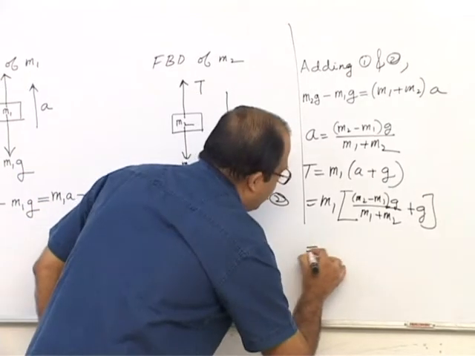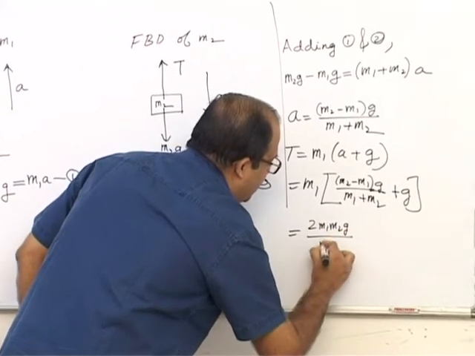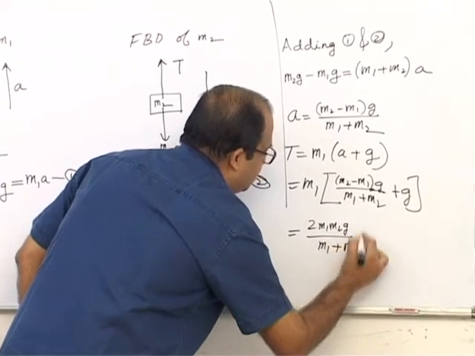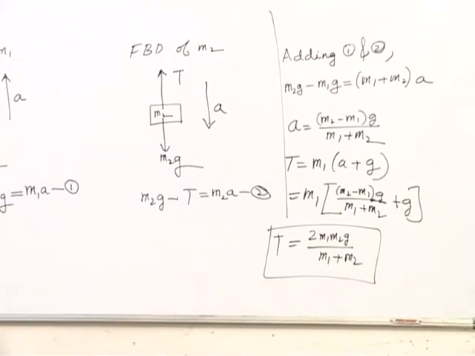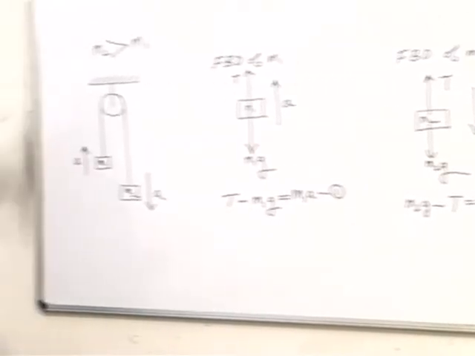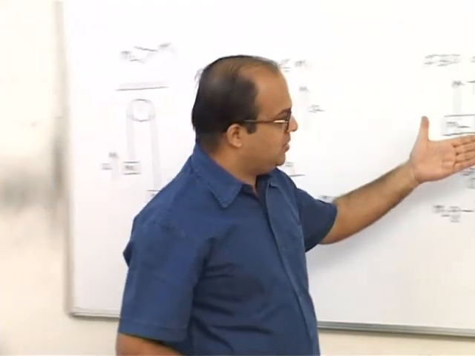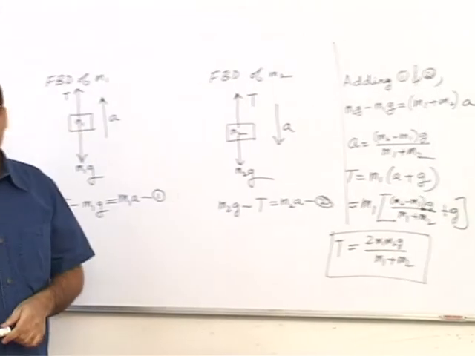And if we simplify this equation, we get the tension as 2M1M2G by M1 plus M2. So the tension in this case is 2M1M2G by M1 plus M2. Acceleration is (M2 minus M1) within brackets into G by M1 plus M2.